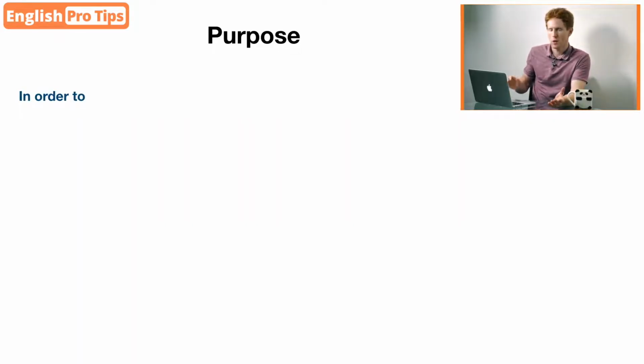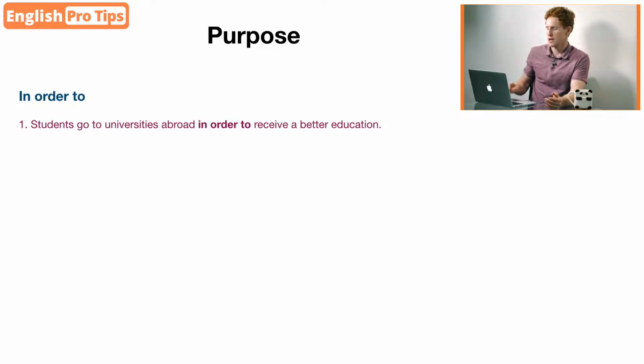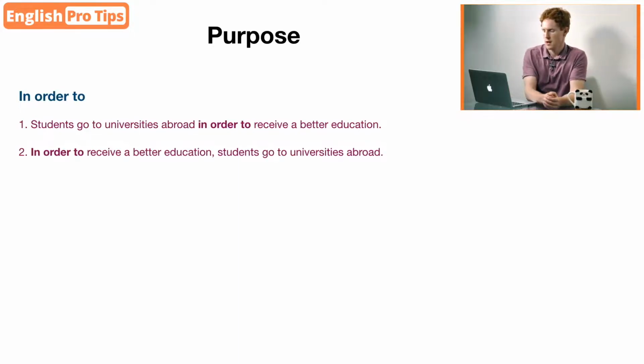Okay. We're now going to come to the final part, which is purpose, and we're going to focus on in order to. So we can say, students go to universities abroad in order to receive a better education. So in order to shows the reason why students go abroad to study. We can also say, in order to receive a better education, students go to universities abroad.